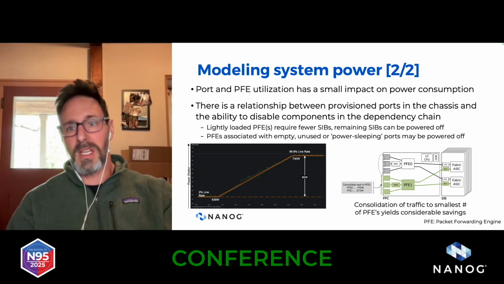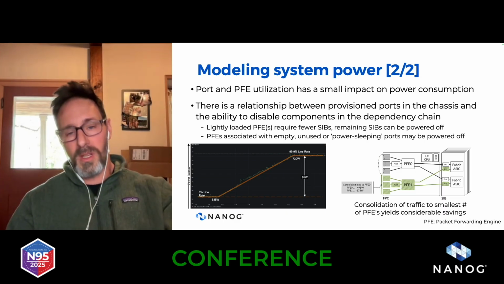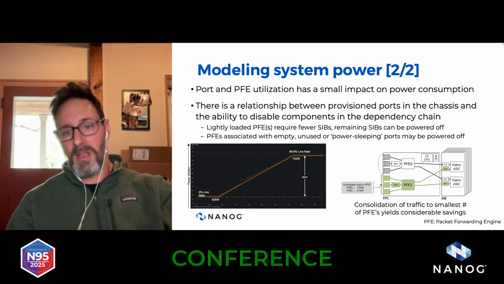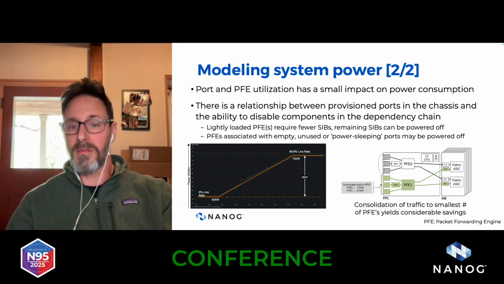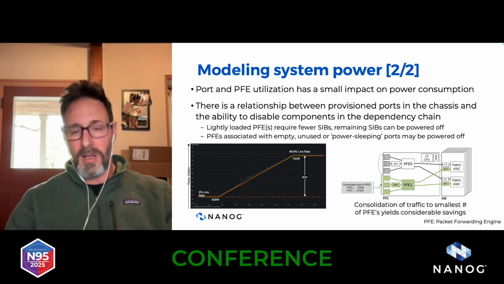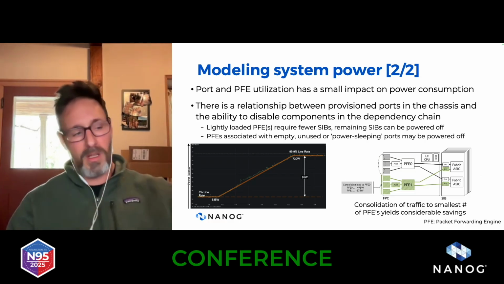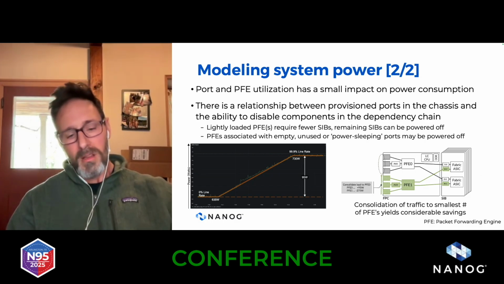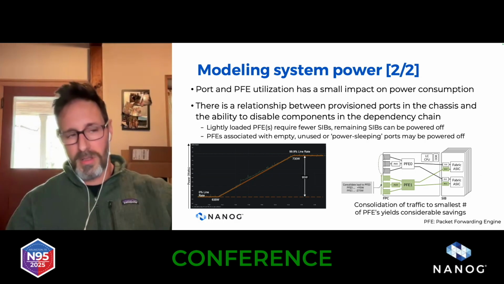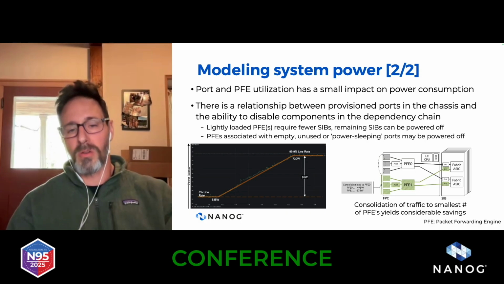And all of the associated connections between the interface optics, the PFE, and the fabric all must be active. So this dependency chain between a link that a routing protocol associates with and the physical dependency chain within the chassis is important.